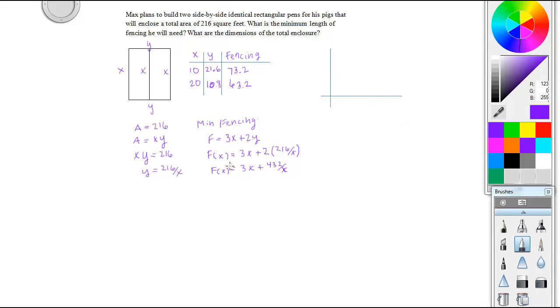So on this graph, I'm going to be graphing the function that represents fencing as a function of the side length x.